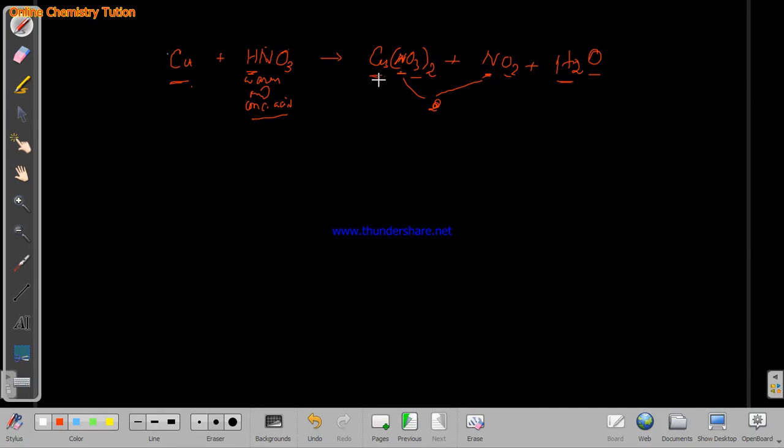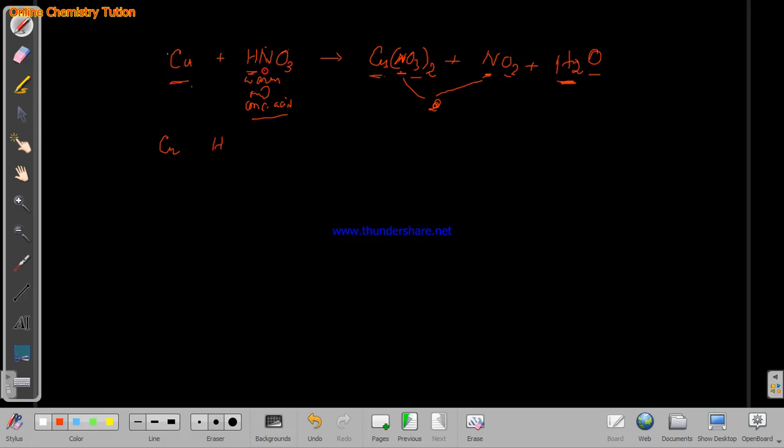That means you have to check from the lower number of atoms present in both directions to the higher number present. Here copper is 1 in both directions, so the first preference is copper. Then hydrogen is present in 1 compound here and in one compound here, so next we will check hydrogen.